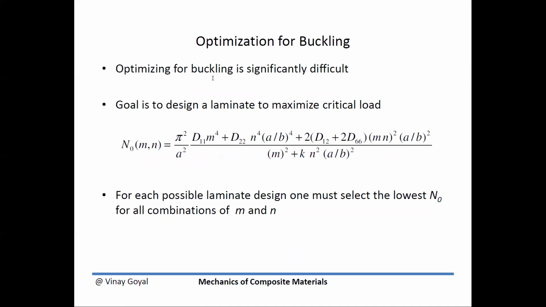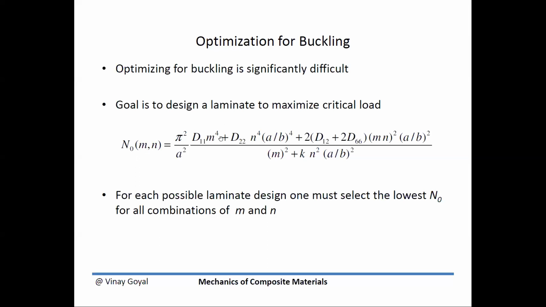So optimizing for buckling is a little bit harder because the idea for buckling is really to maximize the critical load. We want to increase this maximum load as much as you can. And so you have to, for each laminate design, select the highest value you can for N naught for all combinations of M and N. So this is incorrect. We want to find the maximum value of N naught, not the minimum value, that will be able to give you the maximum value.